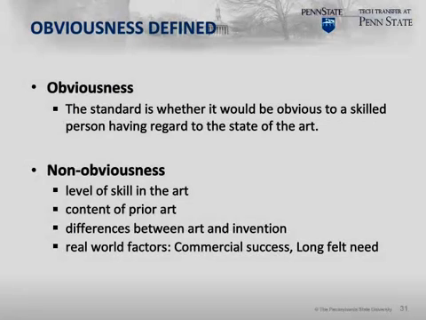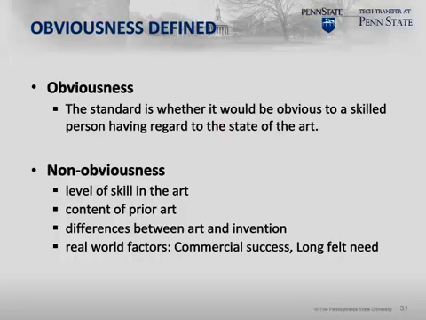The next standard to overcome with respect to patentability is whether the invention is obvious. Again, the standard is judged based on the person of ordinary skill in the art, i.e. a peer in the same or similar field. The question is whether your invention would be obvious to them, not to you. In order to judge whether an invention is non-obvious, the Patent Office will look at several criteria. The level of skill in the art.